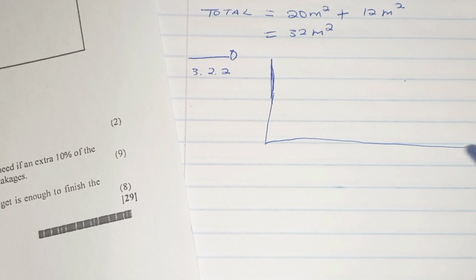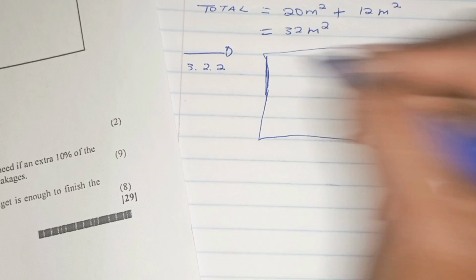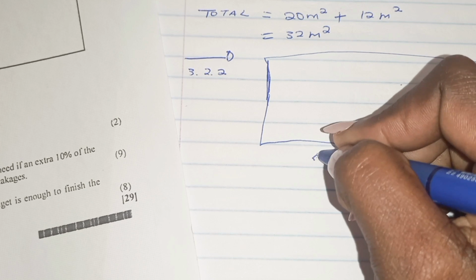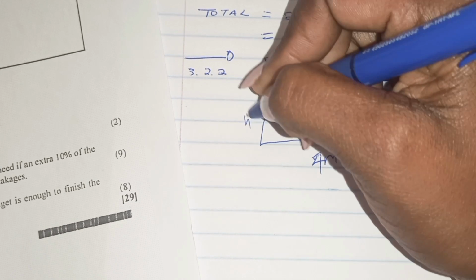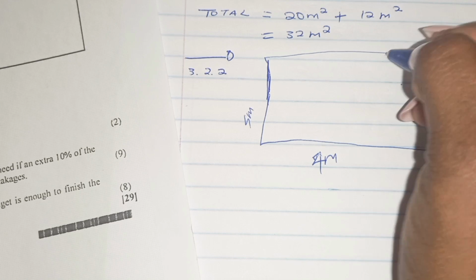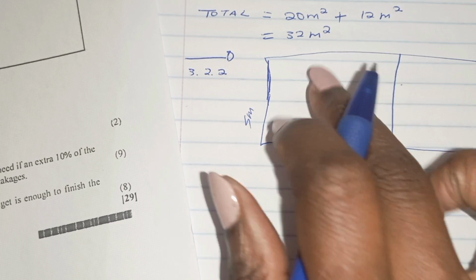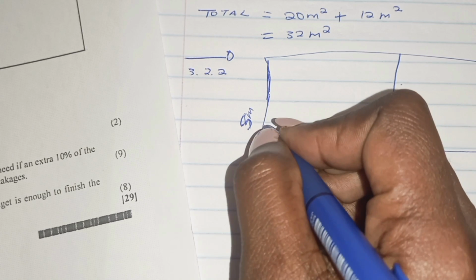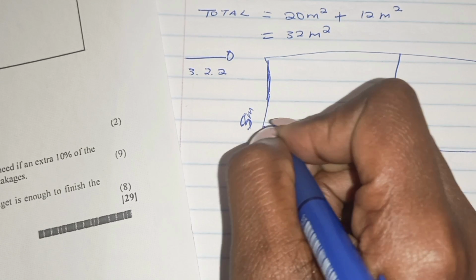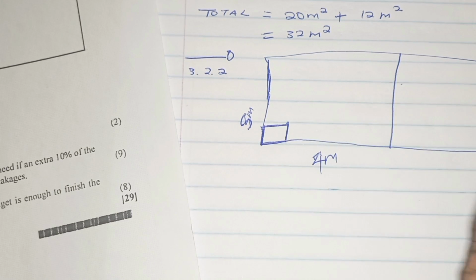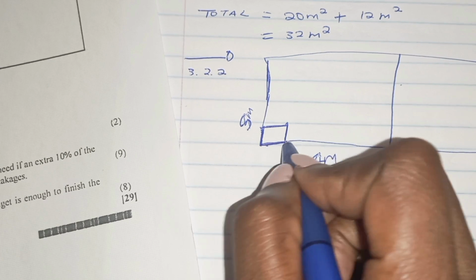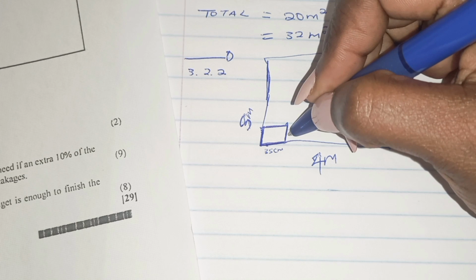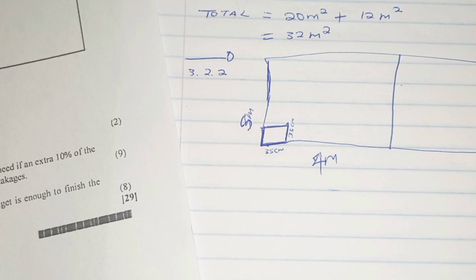If this is the lounge, and the lounge is 4 meters by 5 meters, I'm just going to put one tile there. And the tile is 35 centimeters on this side and 35 centimeters on this side.